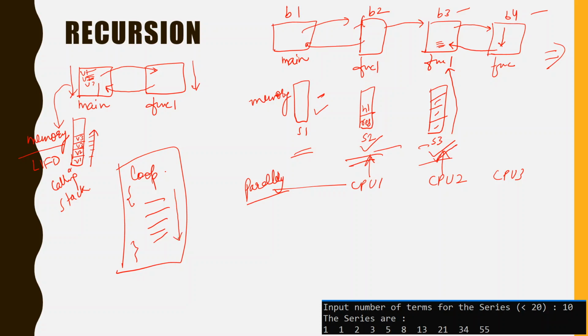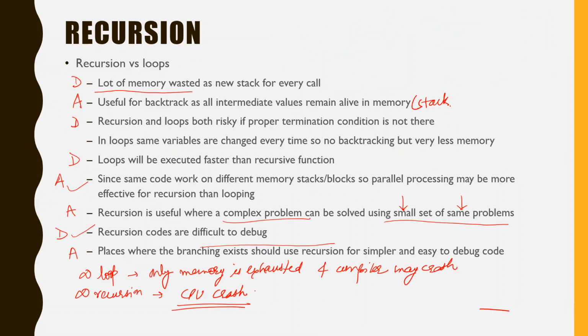A loop simply goes in the forward direction and checks the condition, and if the condition is true, it starts processing again in the same direction, and the same process repeats while the condition is true. But in recursion, every time a call is made, new memory has to be created, and whenever there is a return, the values have to be taken back from the memory. This process may take some extra time, and that is why loops are always faster than recursion.